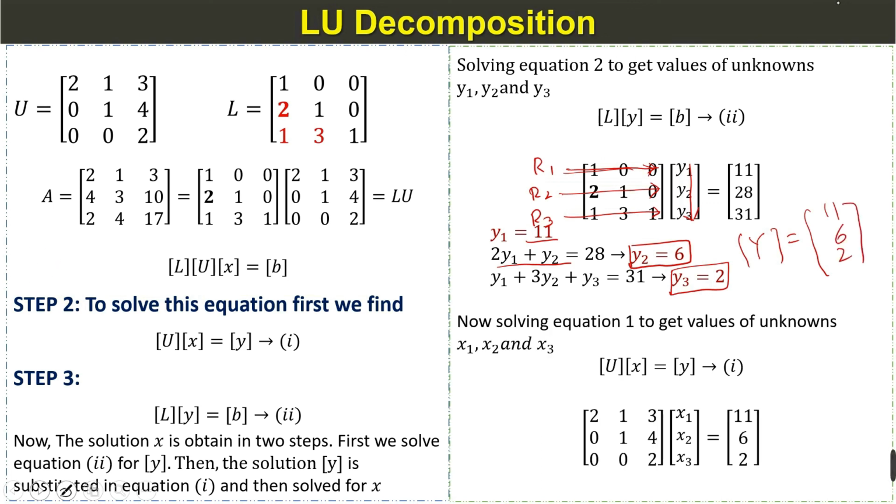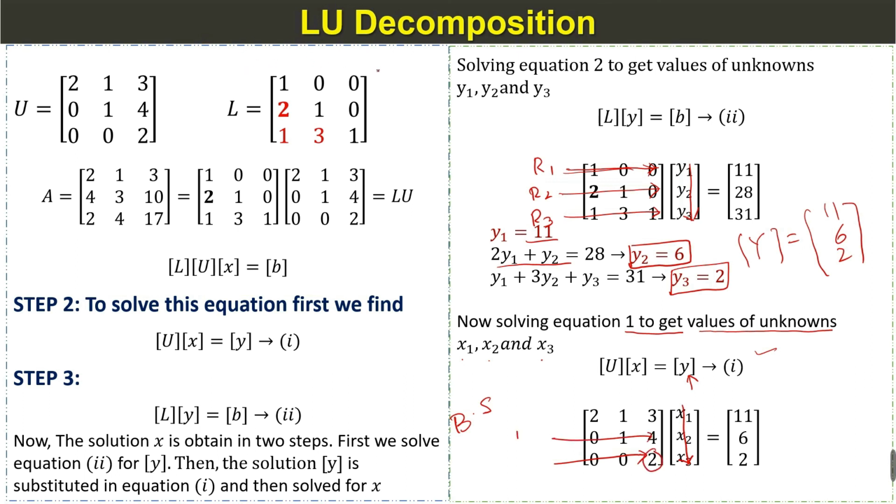Now solving equation 1 to get the values of the unknowns x1, x2 and x3. Here we put in the values of the solution y, and we use backward substitution, because first we multiply the third row with the matrix x to find the value of x3.